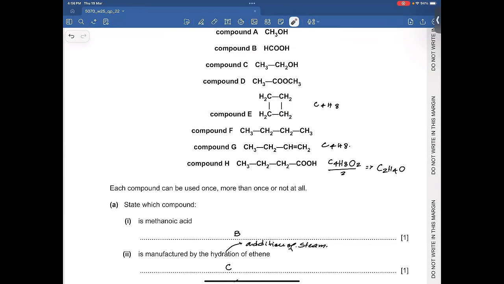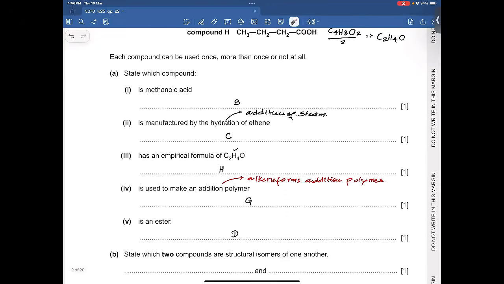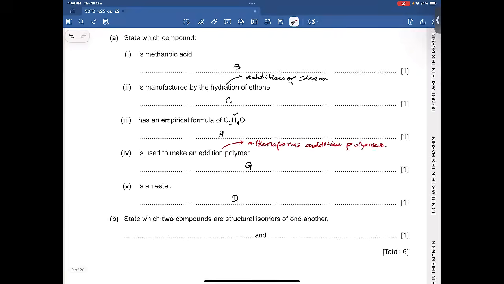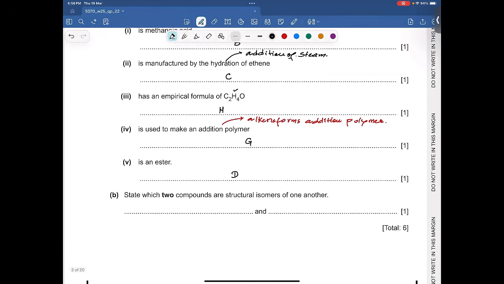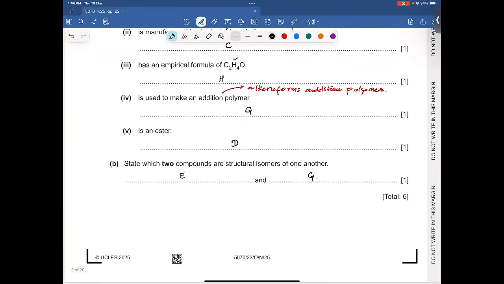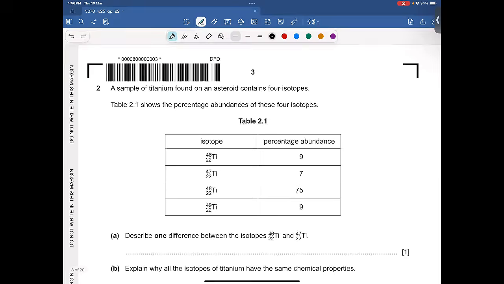It doesn't have any functional group, whereas this one does have a functional group of double bond, right? So what you can write here is E and G. All right, that's the end of first question. Let's move on to the next one.